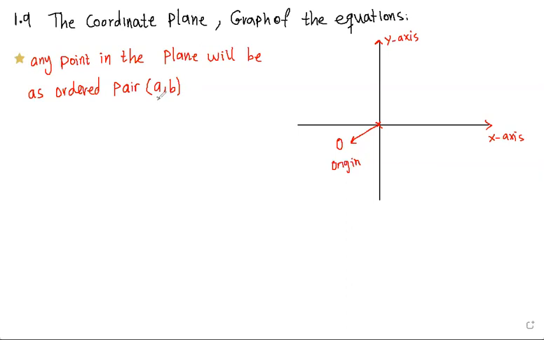Here A is called the x coordinate, and B is called the y coordinate.